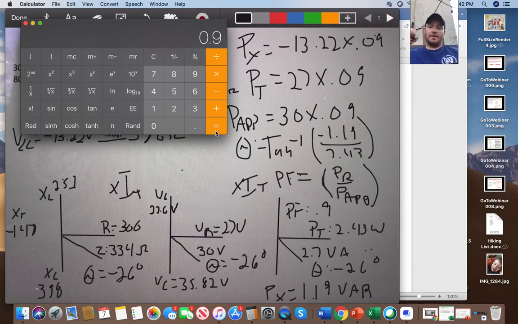So the next one, you can tell this circuit is capacitive. In the next example, I am going to make it more inductive by bringing the frequency up. All right, and actually, before we go, let's figure out what the resonant frequency is. So let me erase this.